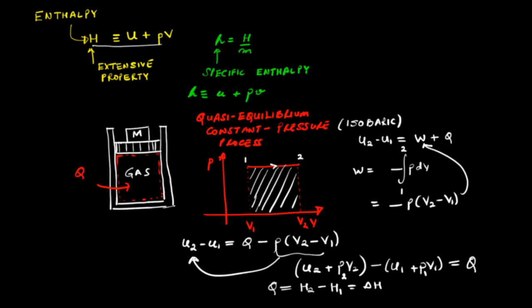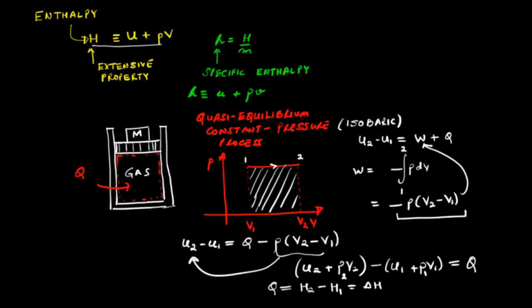Therefore, heat transfer in an isobaric quasi-equilibrium process is equal to the change in enthalpy. Note that if the process is not isobaric, then this statement is not applicable, as only for an isobaric process the work is given by this minus P times delta V.